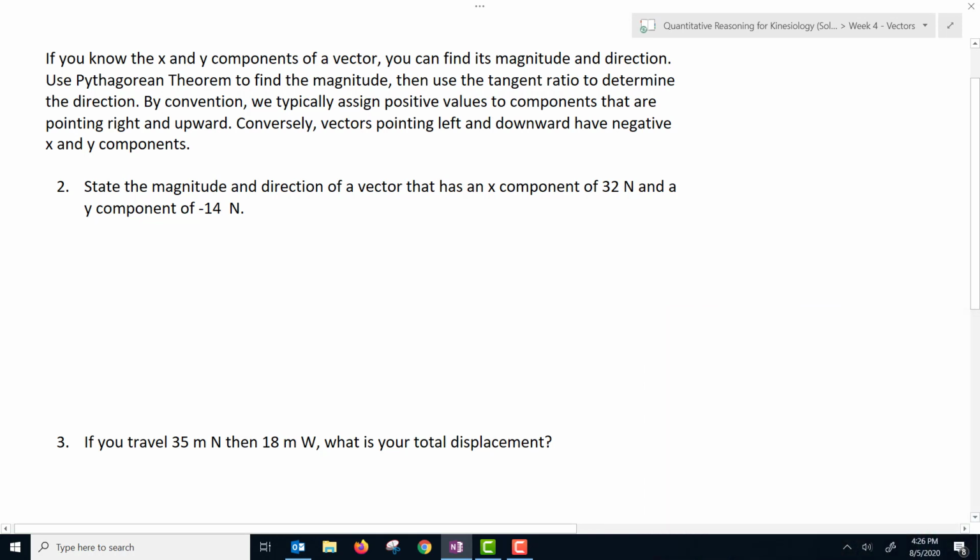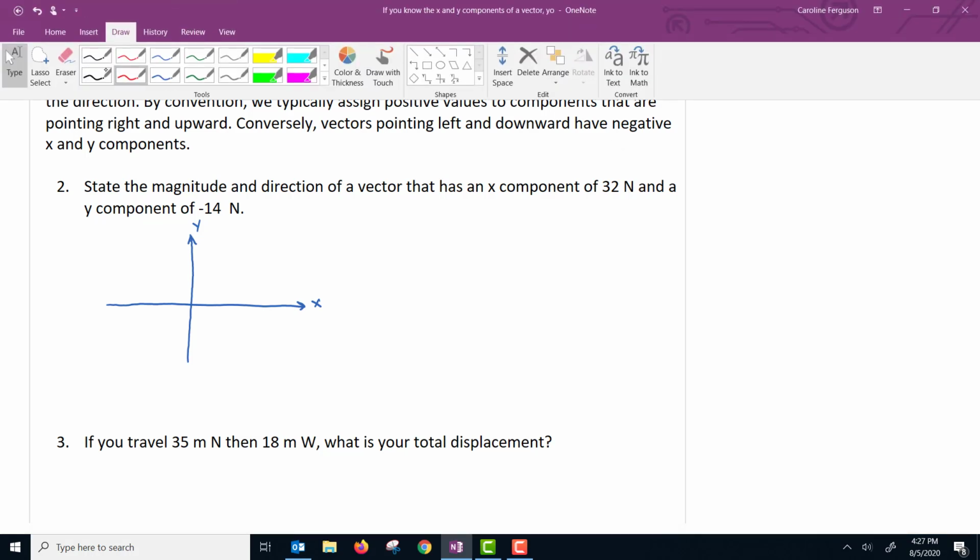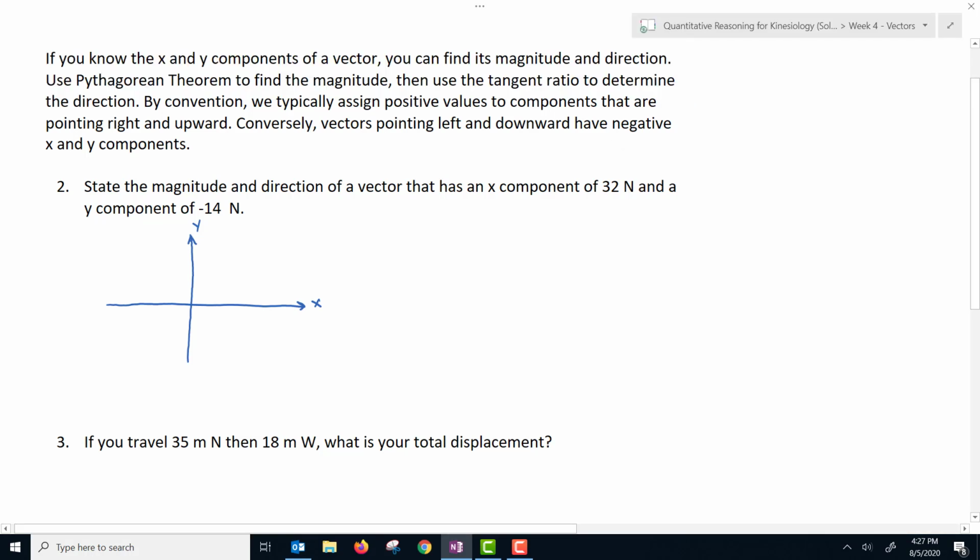Okay. So let's start with number 2. State the magnitude and direction of a vector that has an x component of 32 and a y component of negative 14. So let's just draw out what this looks like first. So this is my y-axis. This is my x-axis. My x component is 32, so I'm just going to say that this is around 32.